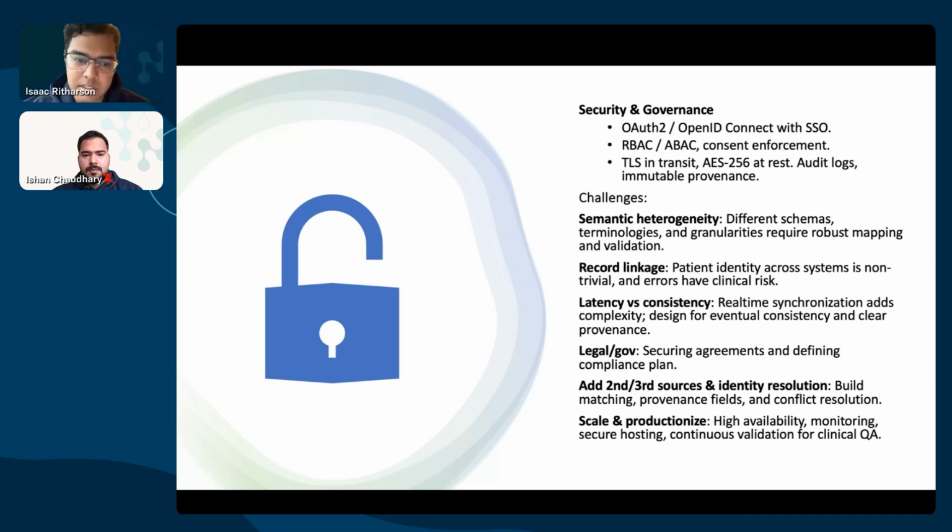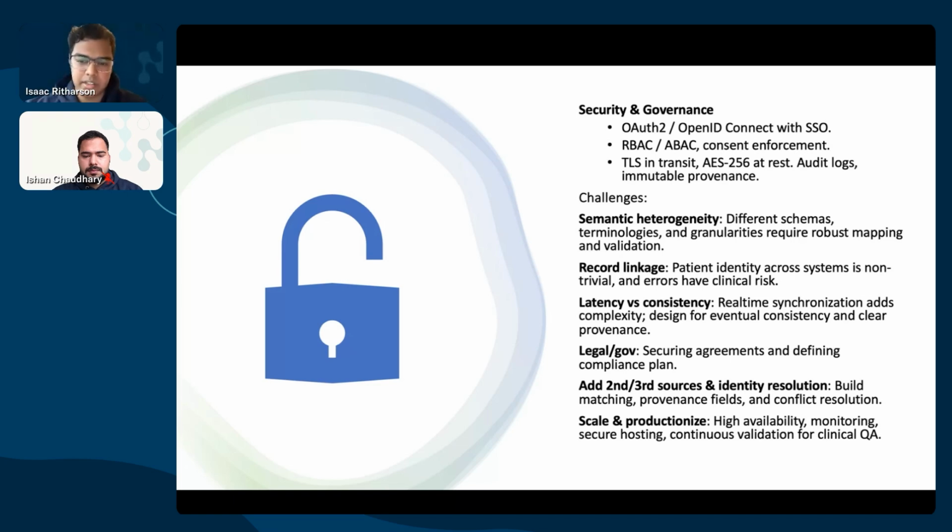We should make sure that the speed is high, so there is minimal downtime, which can help improve the return on investment, like cost and revenue. Then there is securing agreements and defining compliance plans, and we should make sure we follow the compliance plans.